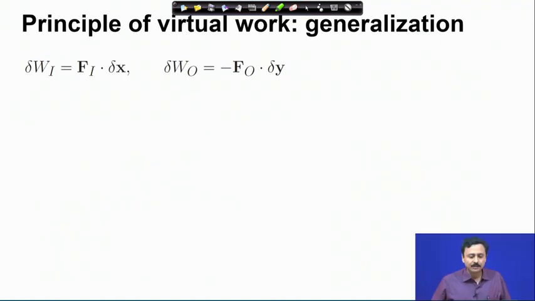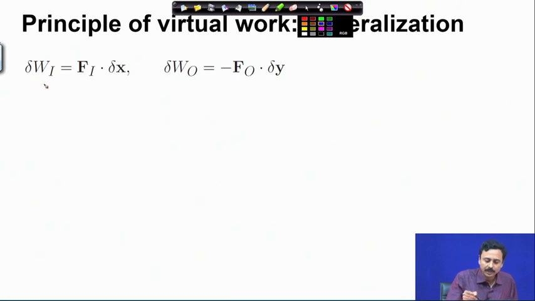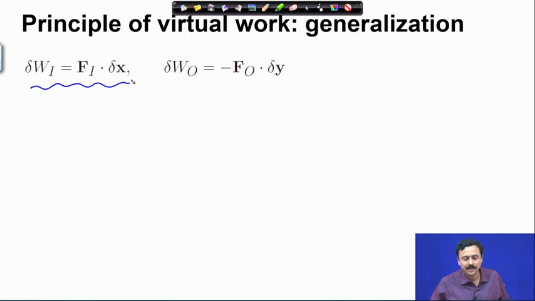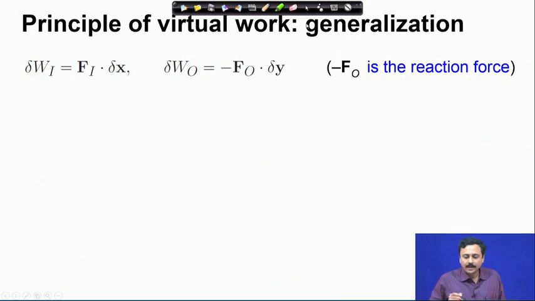In order to generalize our force analysis, I have written out the virtual work done at the input. Delta Wi is Fi dot delta x. Now, delta x is the virtual displacement at the inputs and Fi is the force vector at the input. At the output, we have F naught as the force being applied.